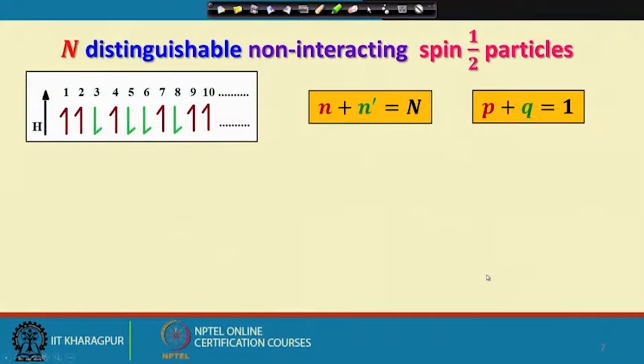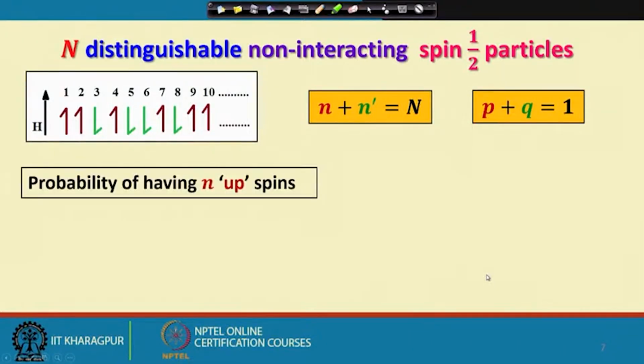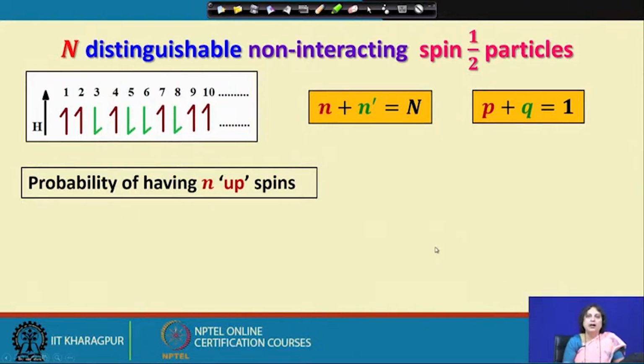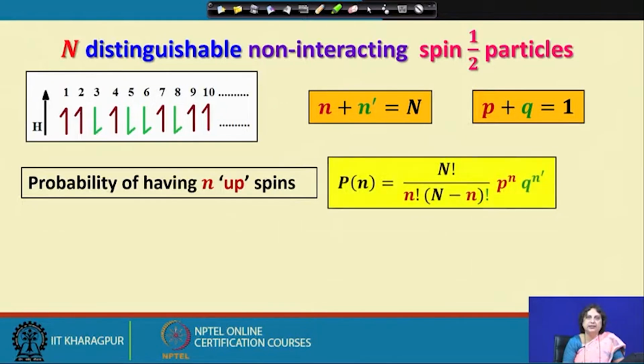Then, for a system like this, I can very easily say what is the probability of having small n up spins in a system like this? This is given in terms of this distribution function P n. As you see, P n has two parts.